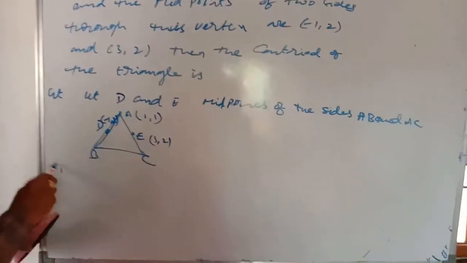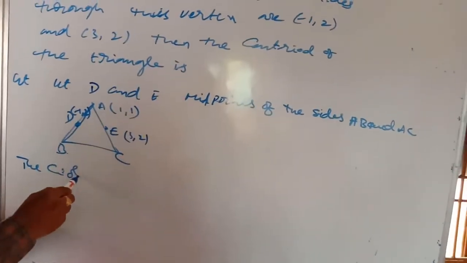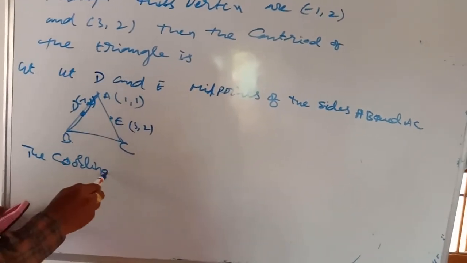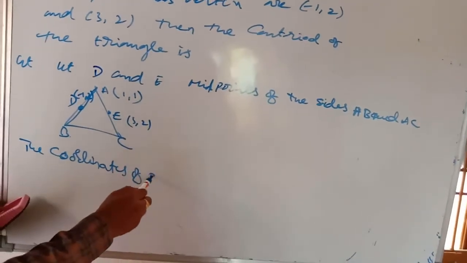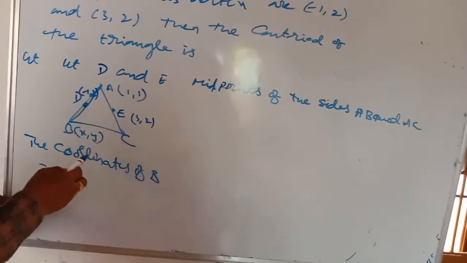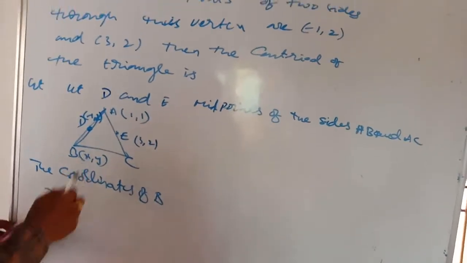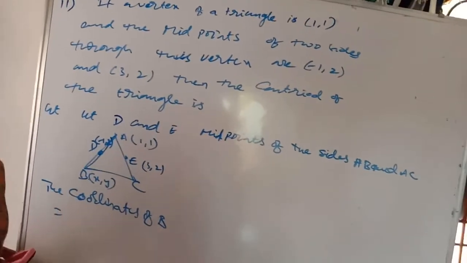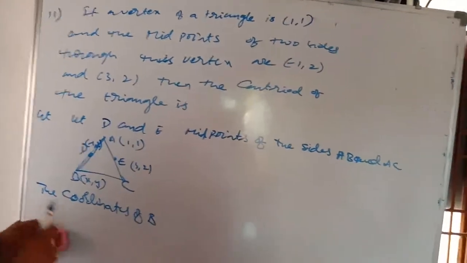Now the coordinates of B are some (x, y). D is the midpoint of AB.